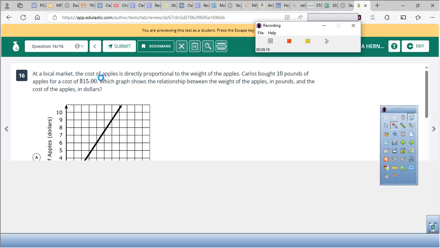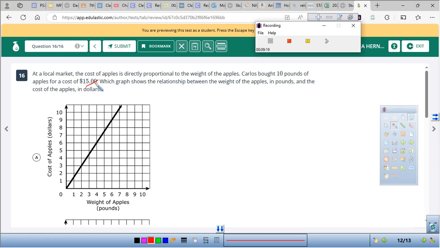Find a common divisor, and this one will become a 3 and 2. So look for this: 2 pounds, $3. Oh, that's my answer.